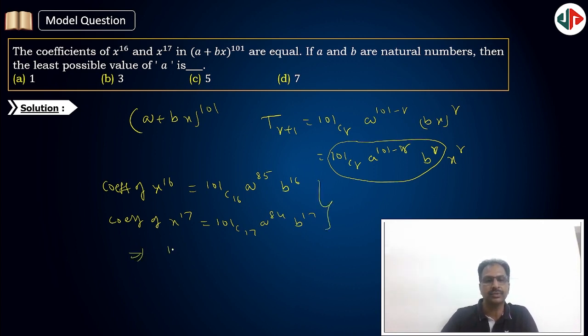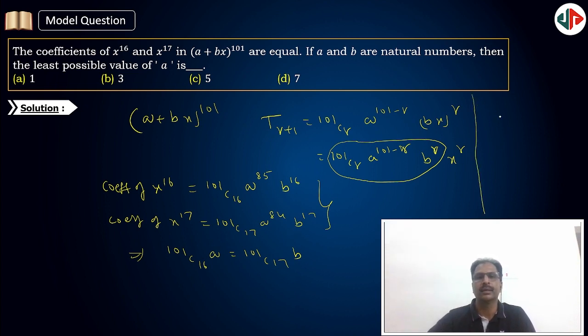By equating those two, you will get 101 c 16 a is equal to 101 c 17 b. On both sides, a power 84 gets cancelled, b power 16 gets cancelled. Okay. Now, what is a by b?